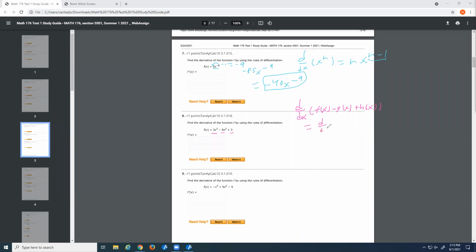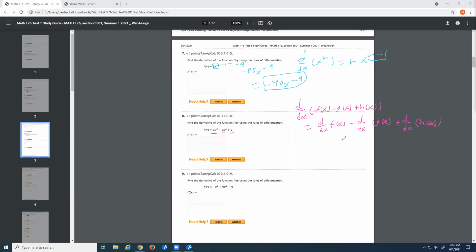So we'll have d by dx of f of x minus d by dx of g of x plus d by dx of h of x, like this. I don't know why I keep writing alphas. I think I'm writing too fast. I need to slow it down a little bit. I'll try and do that.